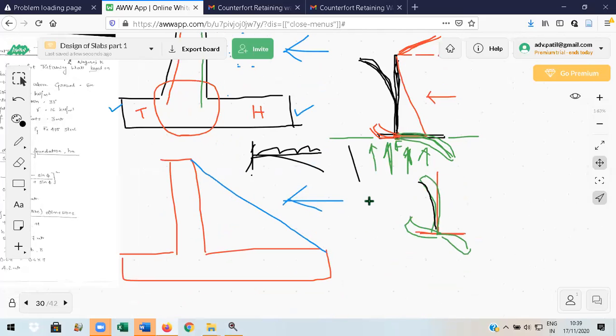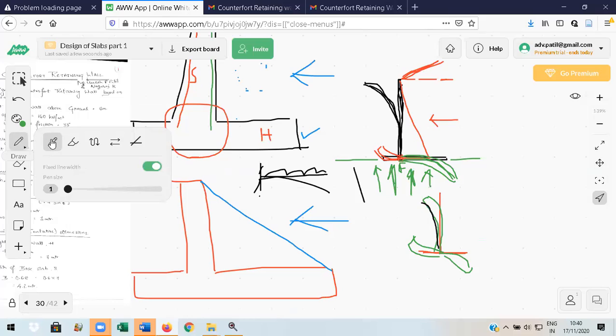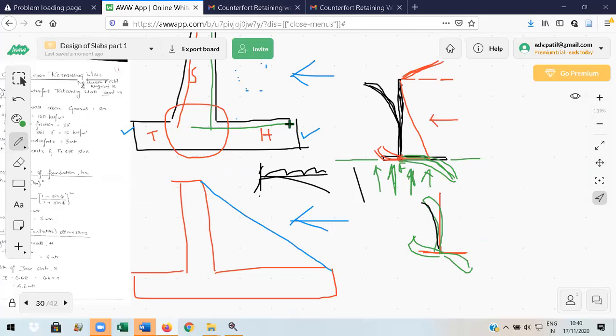Similarly, you look at this figure, this diagram, observe this. Here I will show you the steel in the main diagram. This green color will be the main reinforcement for the heel in the case of a cantilever retaining wall.